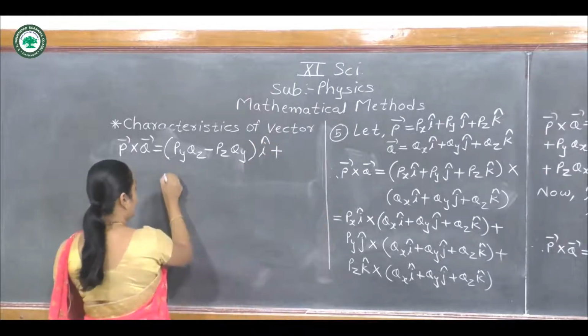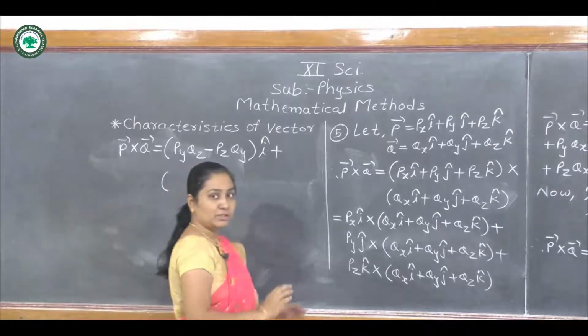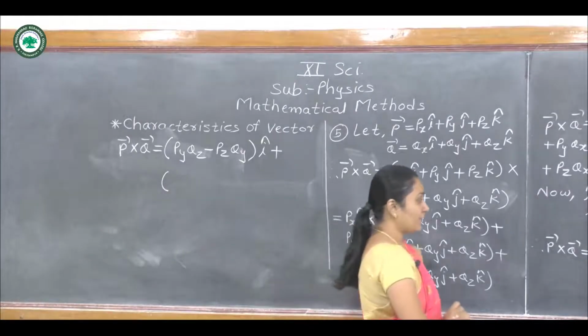plus now we have to write down j cap as a common vector.